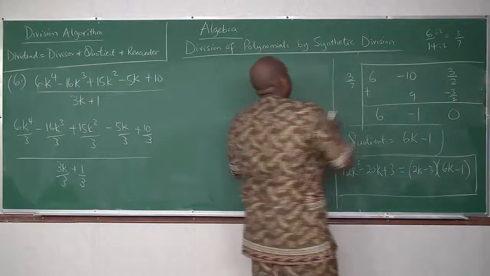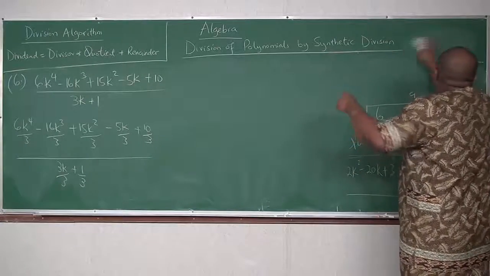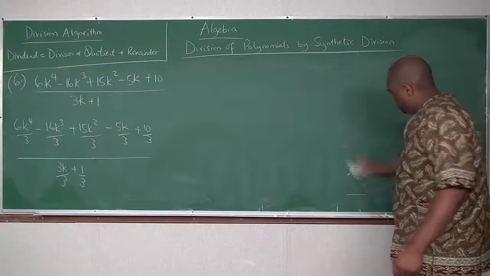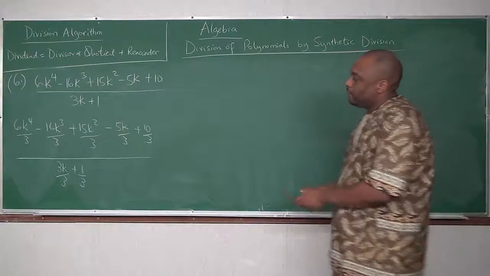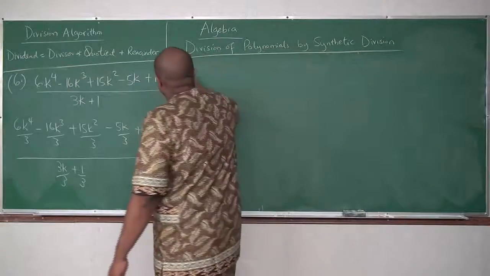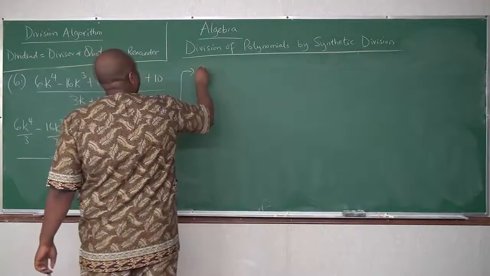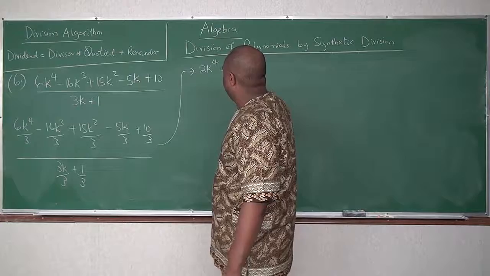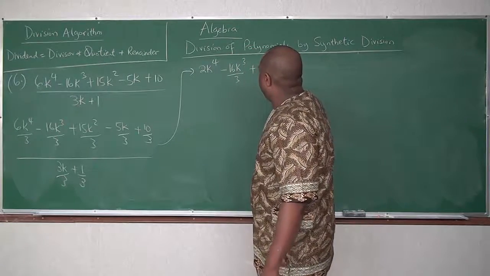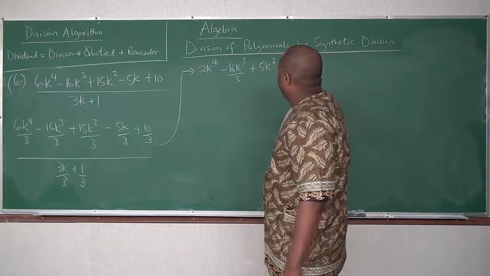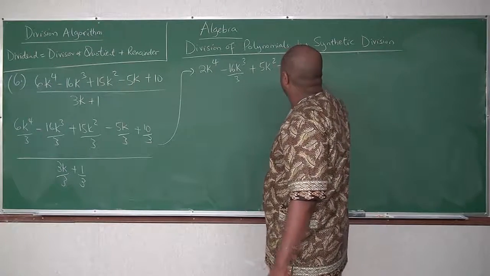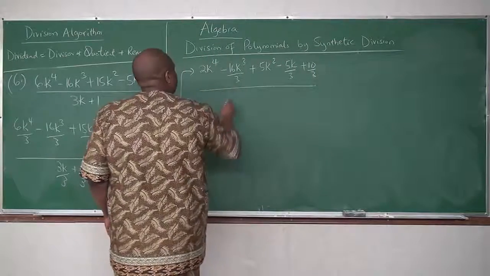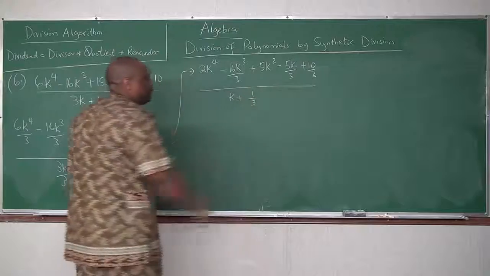Okay? So what do we have now? We now have that this is 2k to the power 4 minus 16k cubed over 3 plus 5k squared minus 5k over 3 plus 10 over 3, all over k plus 1 over 3.